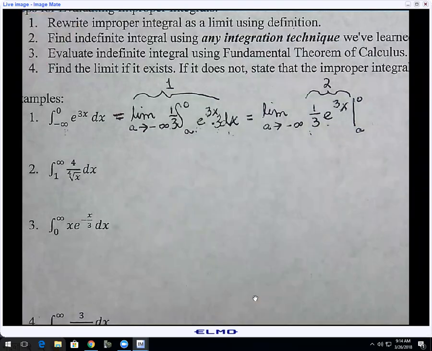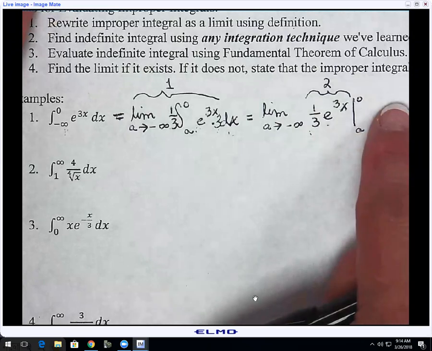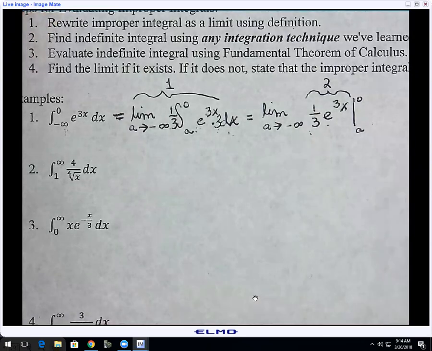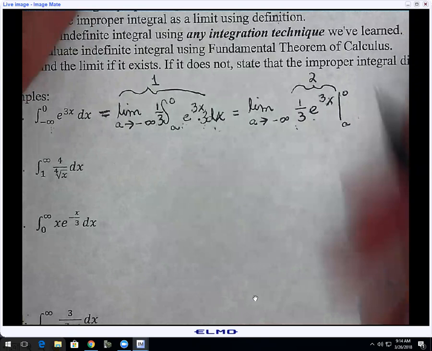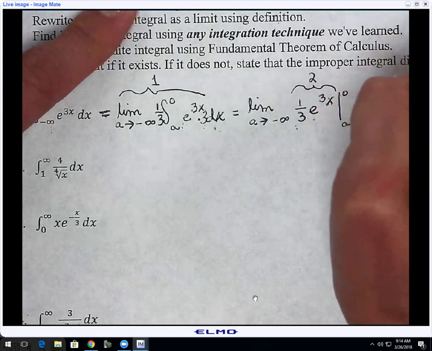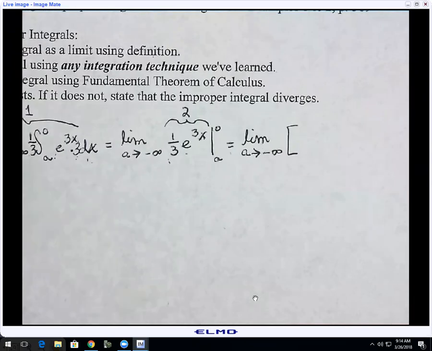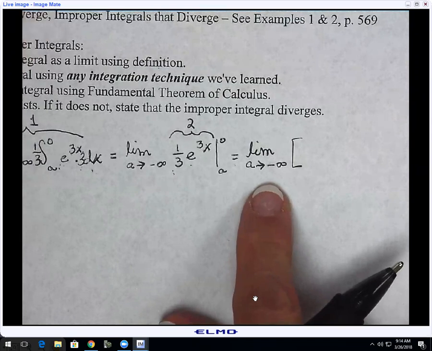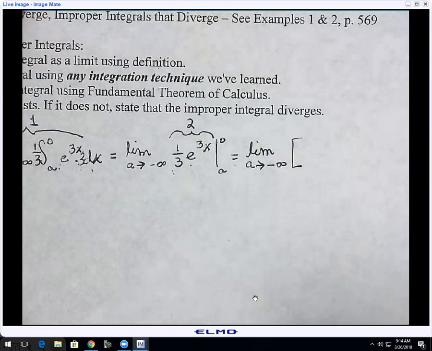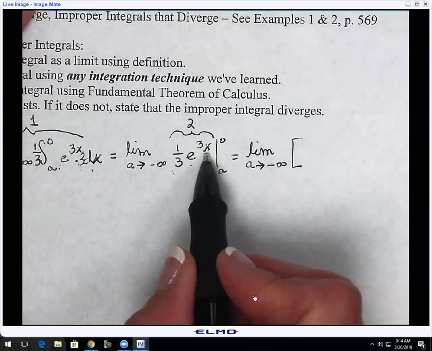All right, step 3, evaluate that at 0 and subtract what you get when you evaluate that at a. Don't lose any part of the limit notation. We're going to take the limit as a approaches negative infinity of whatever expression we get when we put 0 in the place of x.